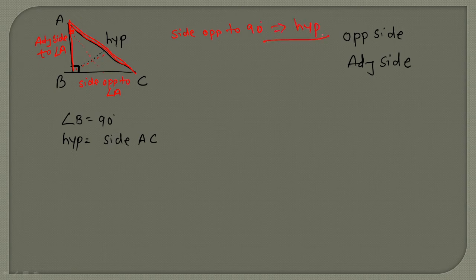Always remember this term, hypotenuse. Whatever the triangle, whatever side is opposite to 90 degrees, that we call the hypotenuse.